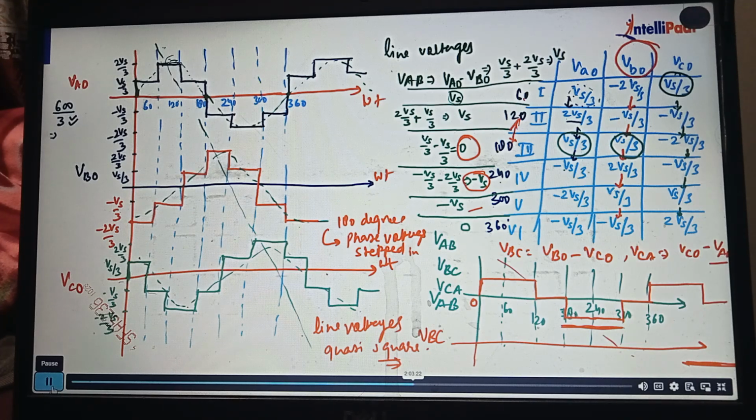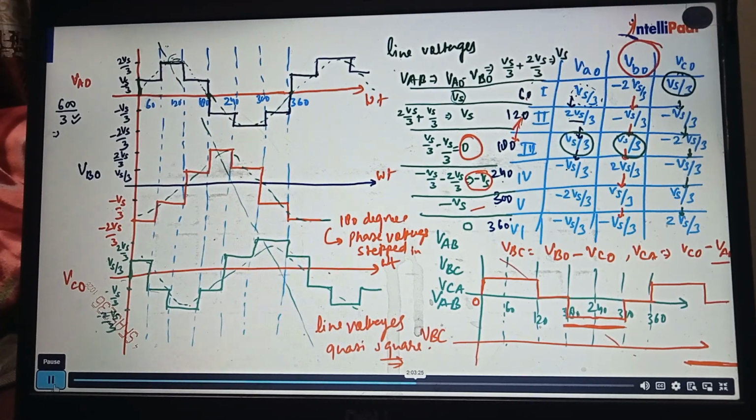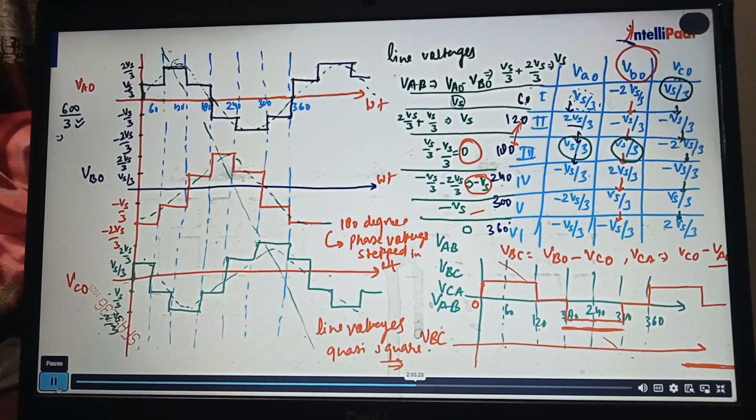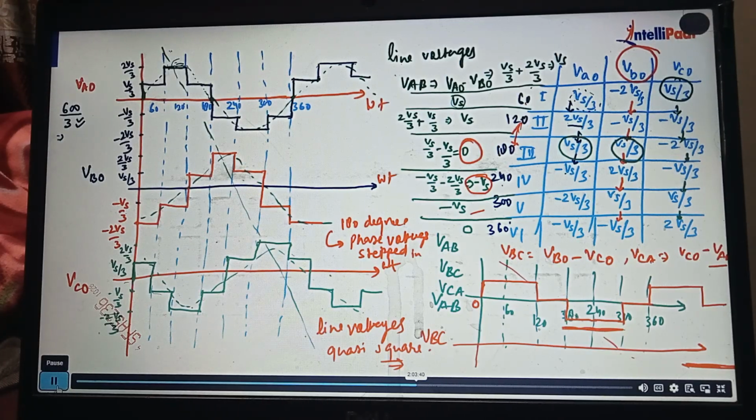So you can see I have studied this 180-degree and 120-degree mode of conduction. So I can quickly answer. The phase voltage is quasi square in shape. However, the line voltage was a stepped wave. This stepped wave is closer to the sine wave, so it will have less THD as compared to a quasi square wave. Now I'm taking a 15-minute break and see you after 15 minutes.